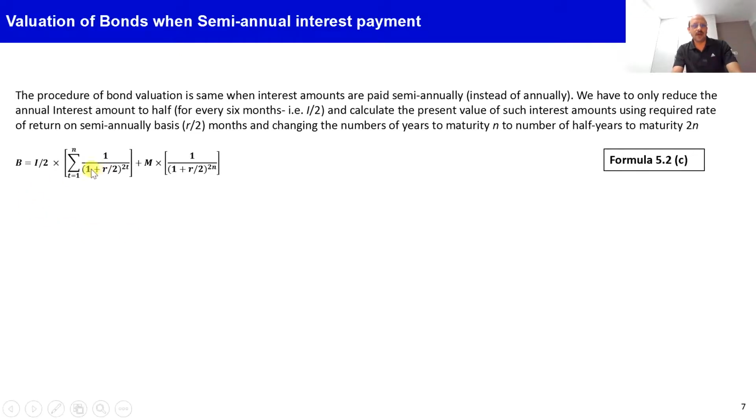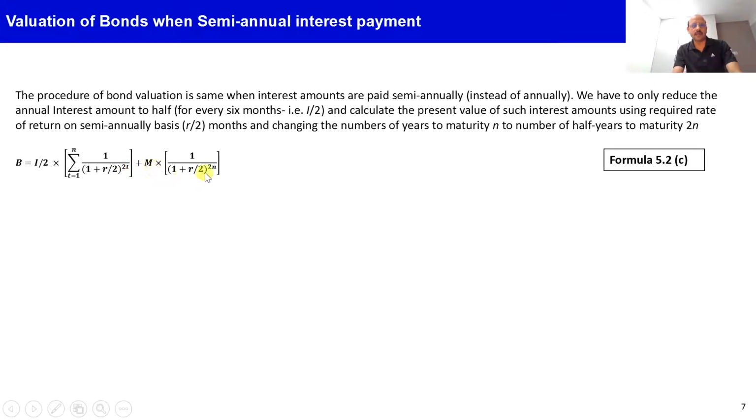Only thing is that R, which is the required rate of return by the bondholder, will be divided by 2 for the purpose of discounting, and the interest amount, instead of annual, is received semi-annually, so I will also become I divided by 2, and instead of t times discounting, it will become 2t because interest is received semi-annually, so the discounting has to be 2 times t periods.